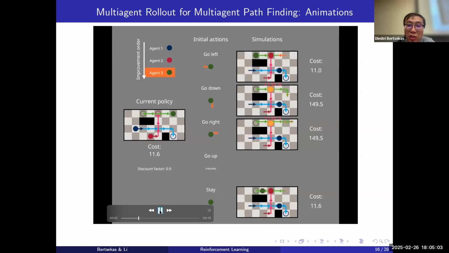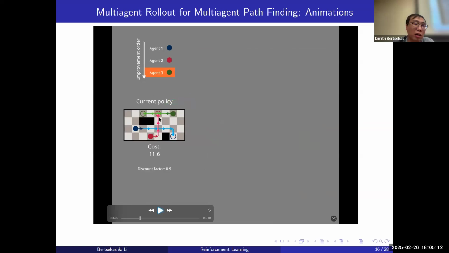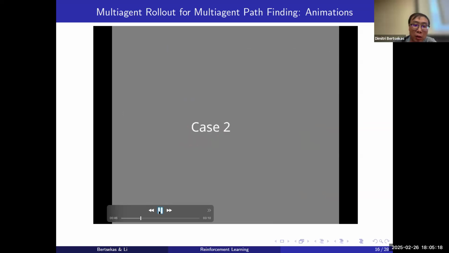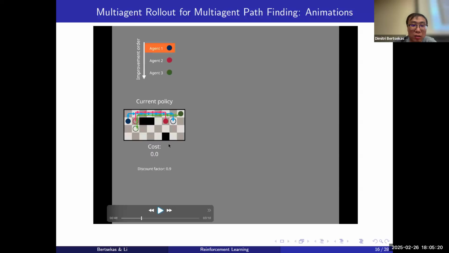Now we run the simulation and we find sticking to the base policy is good enough. So through all those calculations, we recover the base policy, which in this case is optimal. Let's move on to the next case.